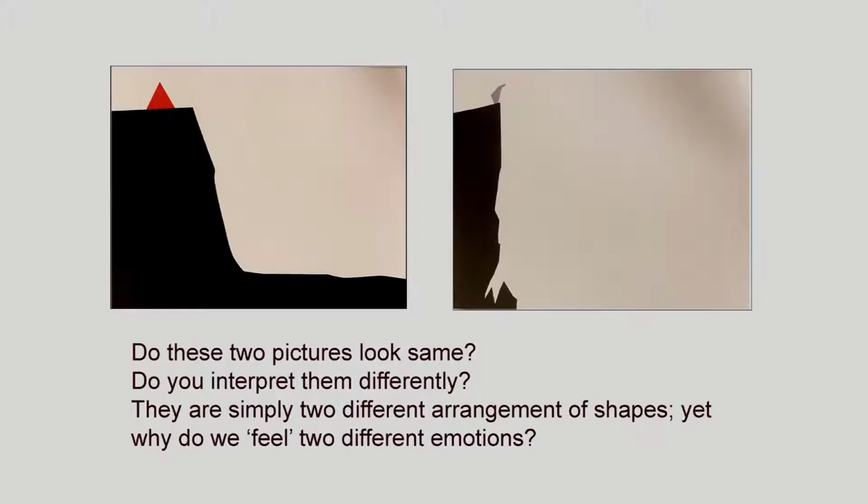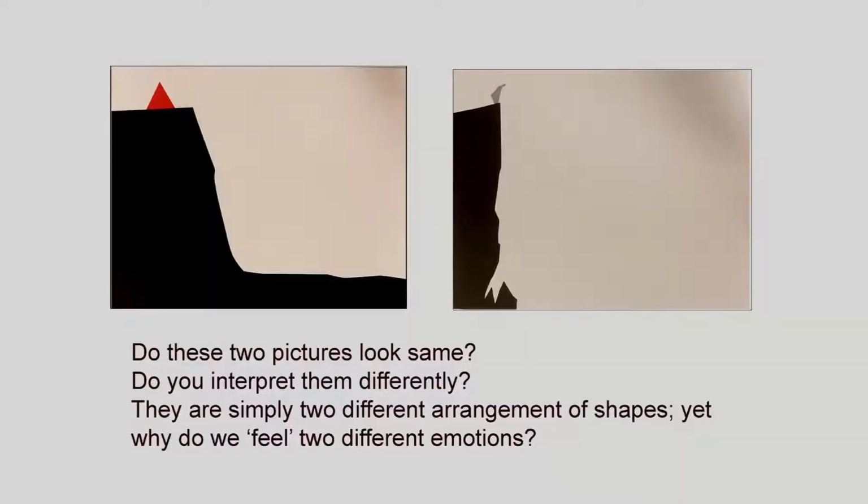For example, let us make another experiment here. Compare these two frames and ask yourself whether these two pictures look exactly the same or not. Obviously, they are not exactly the same, but they have a similar tendency of having a whole lot of weight on the left hand side of the frame. Yet because of the shape and size of that shape, there is some kind of difference that we feel.